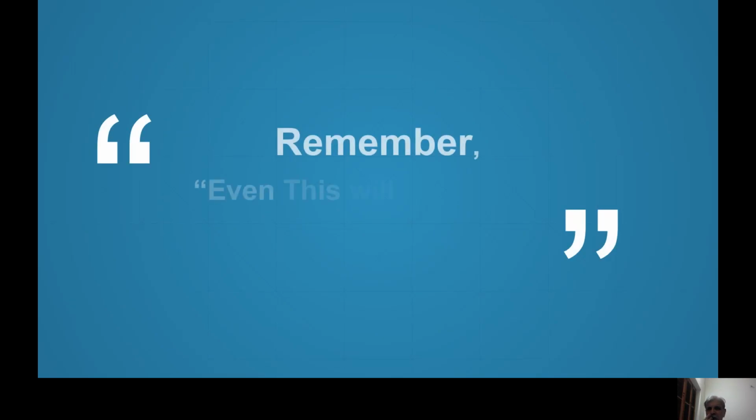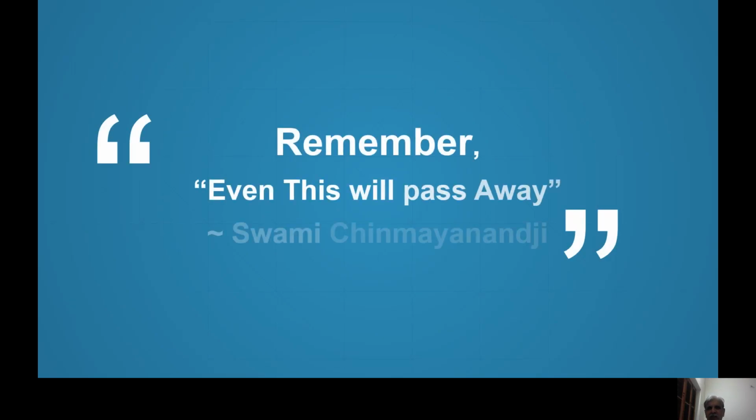So this is the problem of overload. At the end, I always tell one sentence told by Swami Chinmayananda: Remember, even this will pass away. I'm reminded of a story told by Osho Rajneesh, that there was one king. He was attacked by his enemy king, and his Sainiks, his army, went away. They were frightened.